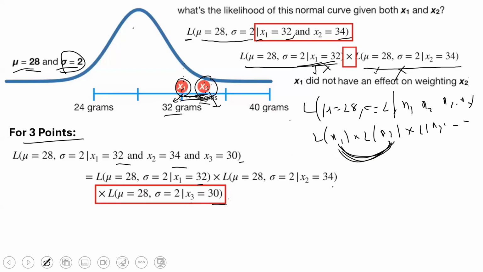So every data point is independent. One mouse's weight will not impact the other mice's weights. It is not a disease that can infect other mice. Weights are independent parameters. So when you calculate the likelihoods, it will be just a multiplication of likelihoods.